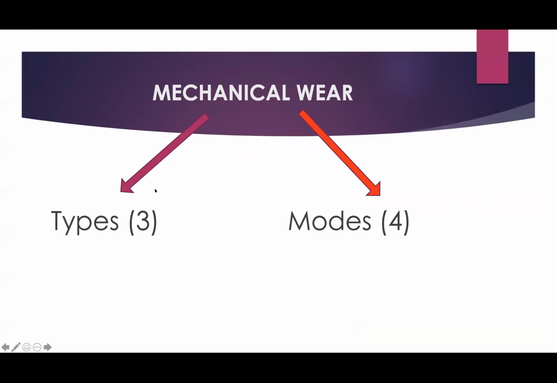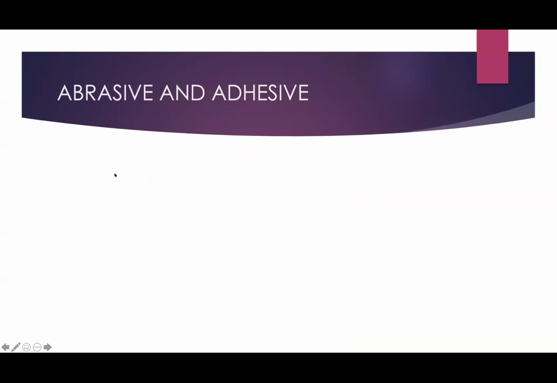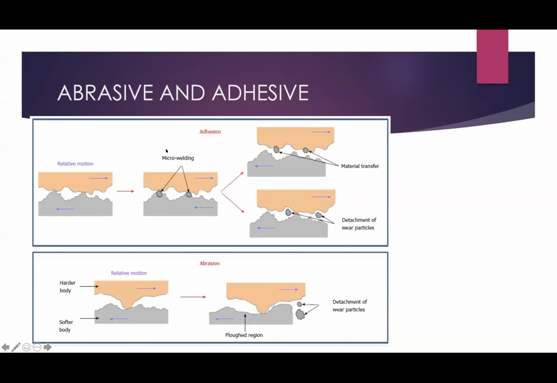Types of wear: there's abrasive wear, there's adhesive wear, and there's subsurface delamination or catastrophic wear, which I'll explain now. So abrasive and adhesive, let's say you've got a hard on soft surface, such as poly and metal. As the metal scrapes past the poly, remember it's got asperities on its surface. These asperities from the harder body dig into the softer body and break off bits of poly, or wear particles.